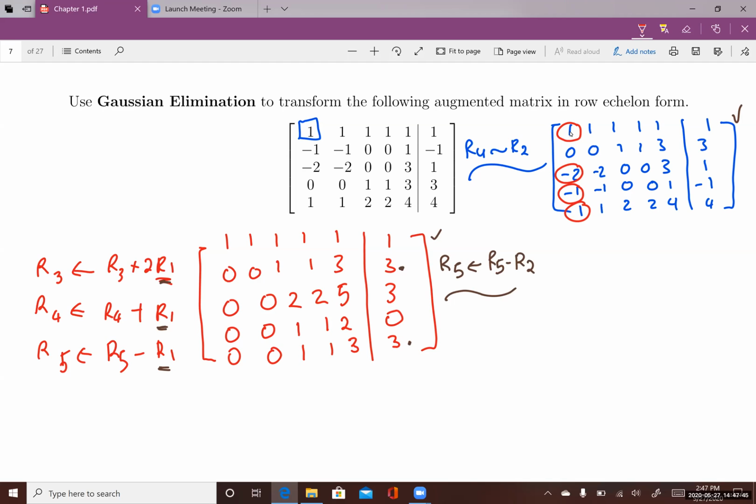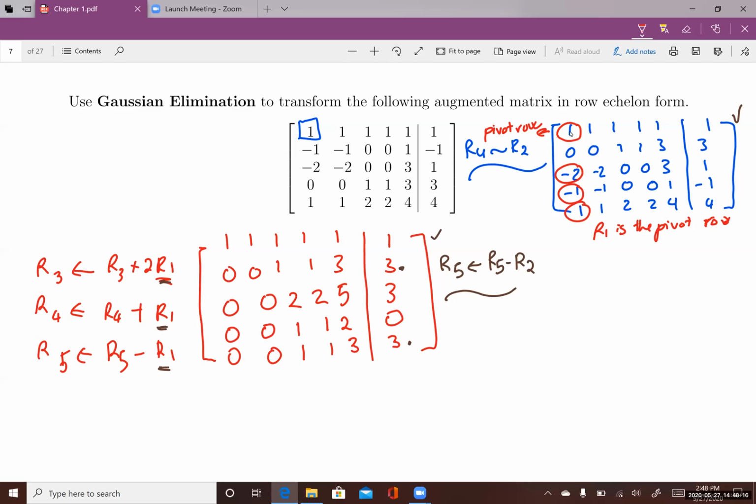All right. When I use a row to change all the other rows, I can give this row 1 a name, and it's called a pivot row. So at this point, row 1 is a pivot row.